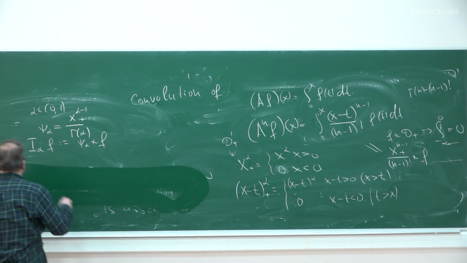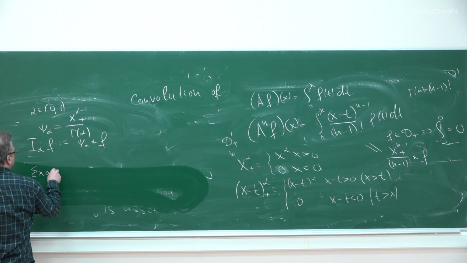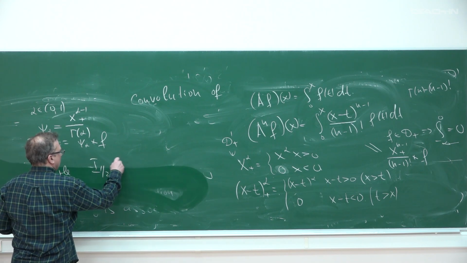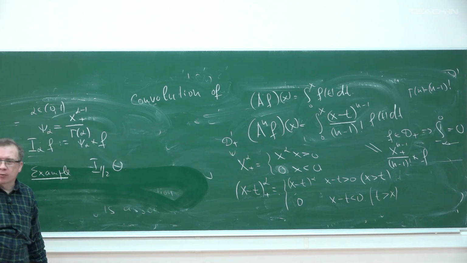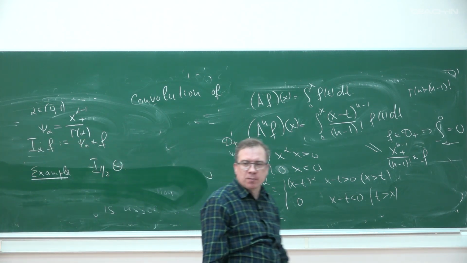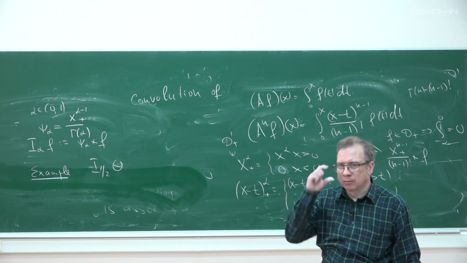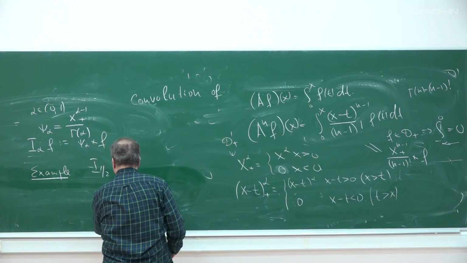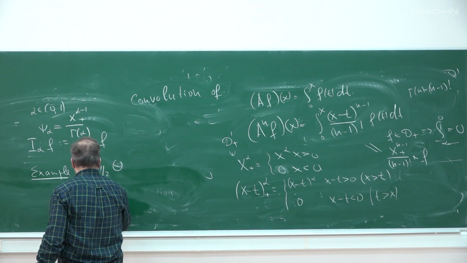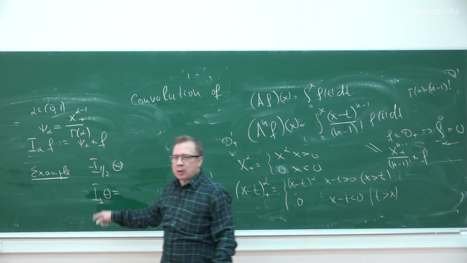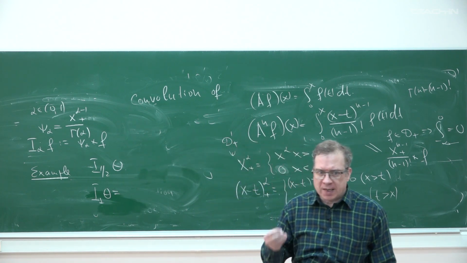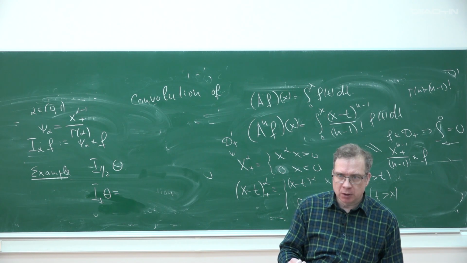Let's consider an example. Can we find the derivative of half order of the theta function? We showed that in distributions a primitive always exists. We showed it.